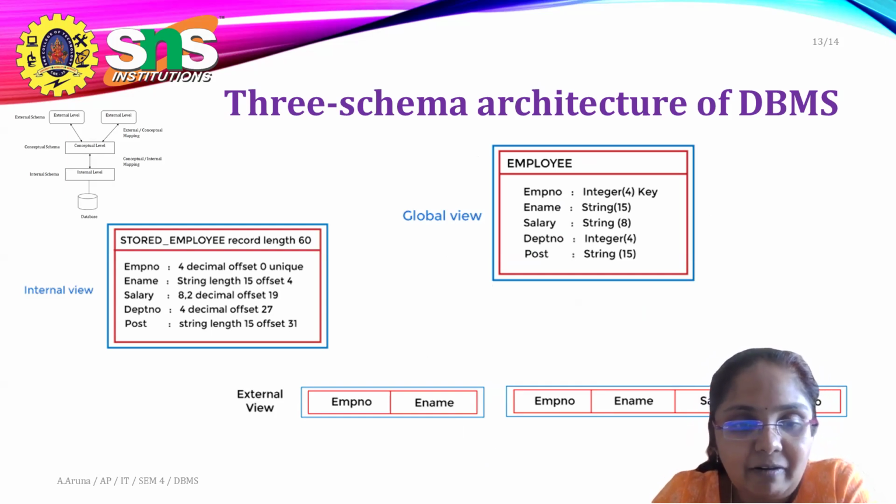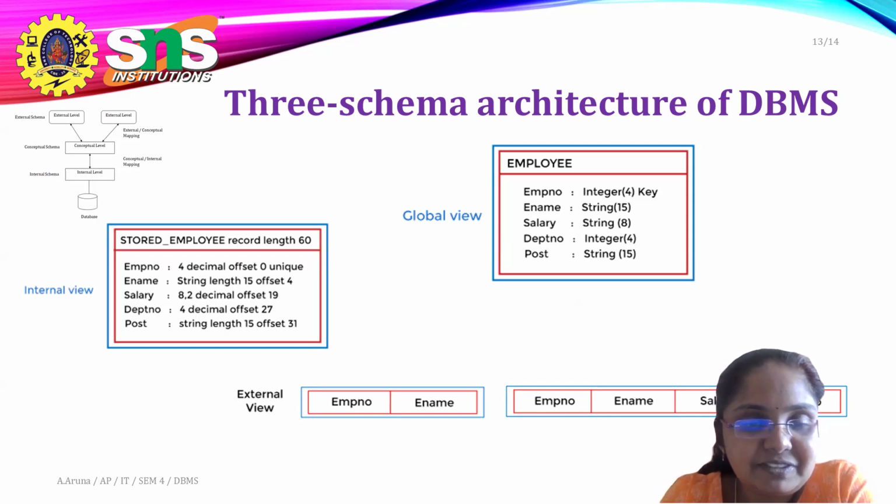Employee has a record length of 60. Employee number is a 4-digit decimal, offset 0, unique. E-name is a string of length 15, offset 4. Salary is an 8.2 decimal, offset 19. Department number is a 4-digit decimal, offset 27. Post is a string of length 15, offset 31.